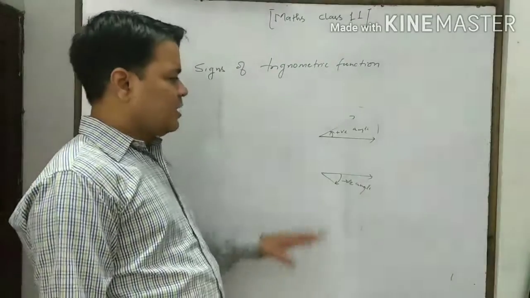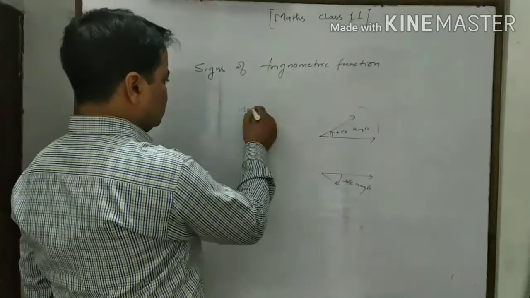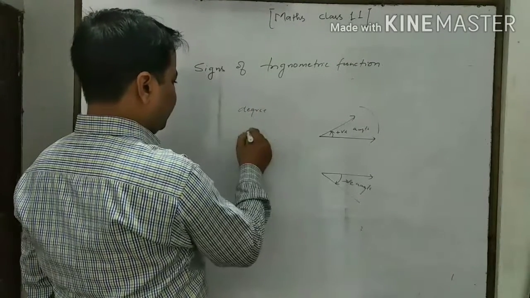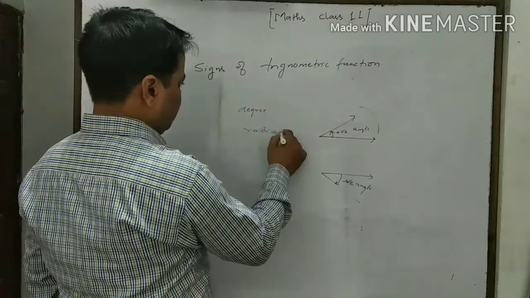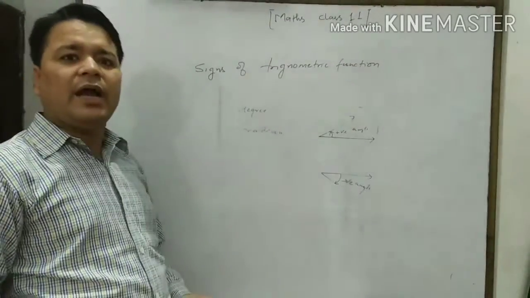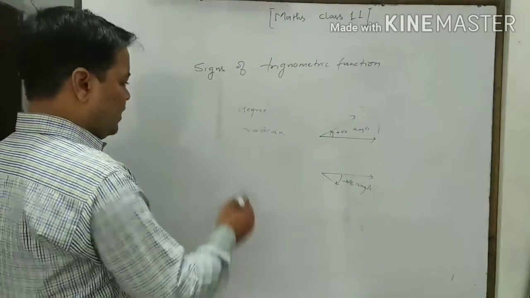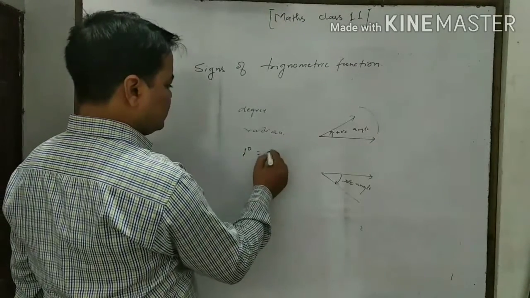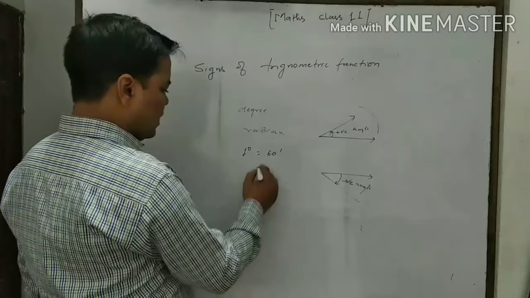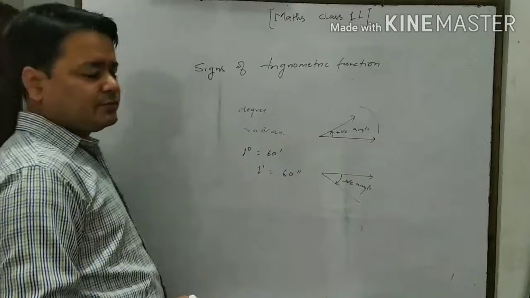Here we measure the angle in degree also and radian also. We know that 1 degree is equal to 60 minutes and 1 minute is equal to 60 seconds.